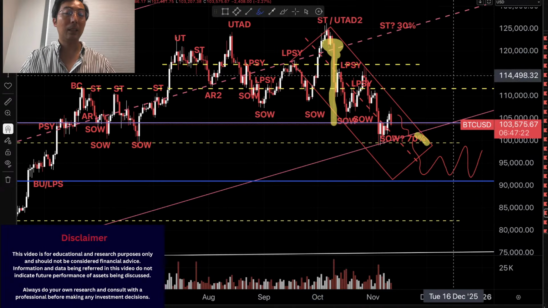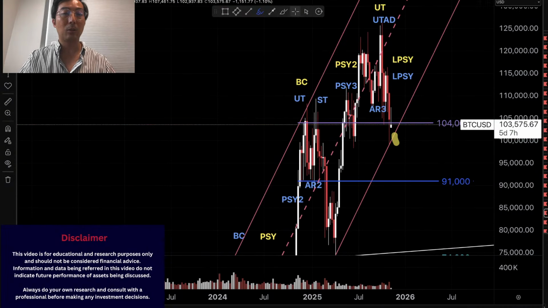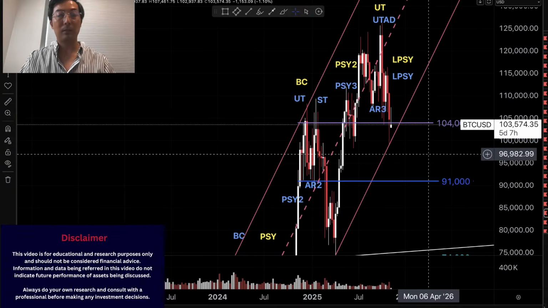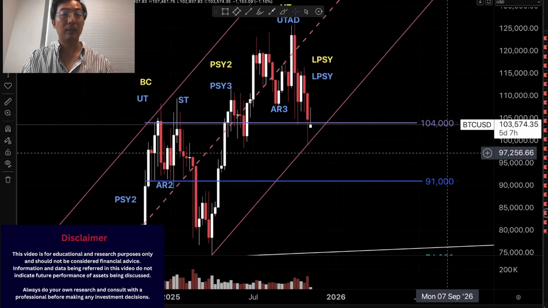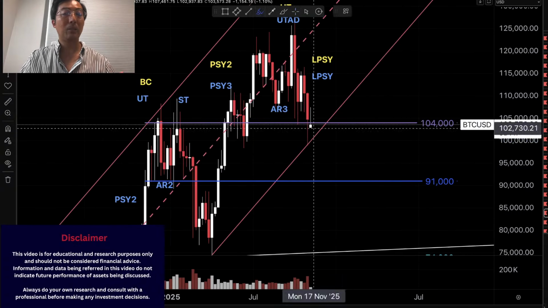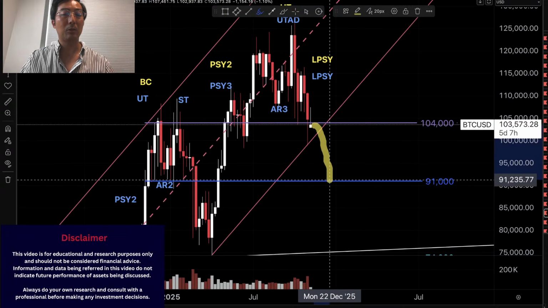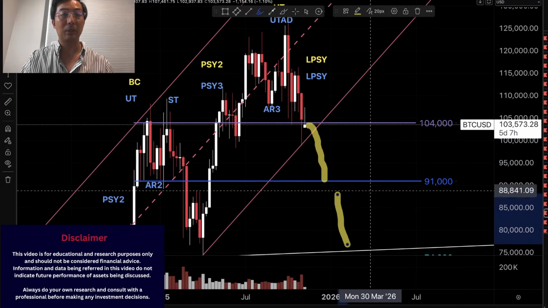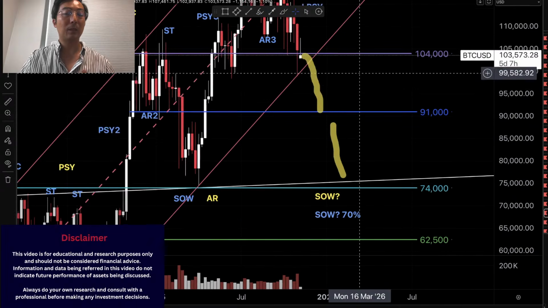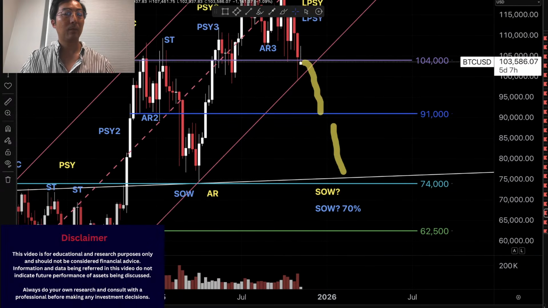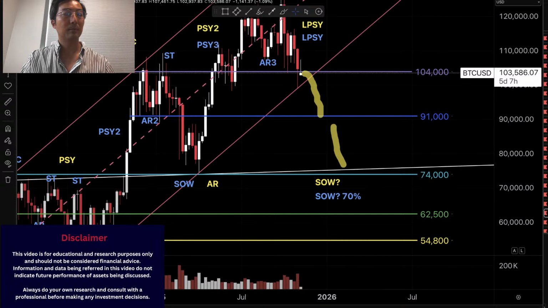So unless something, either geopolitical or economical, crazily bad happens, for Bitcoin to fall back to 91 or even 74k, it has to be something really attracting the capital of people to somewhere else.